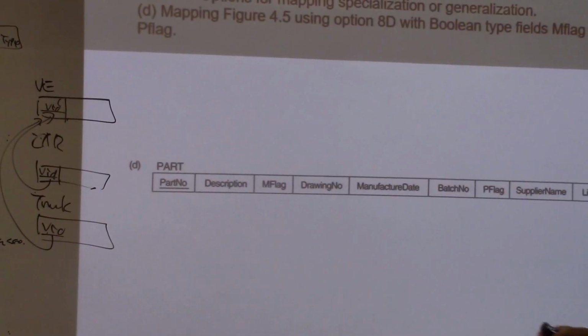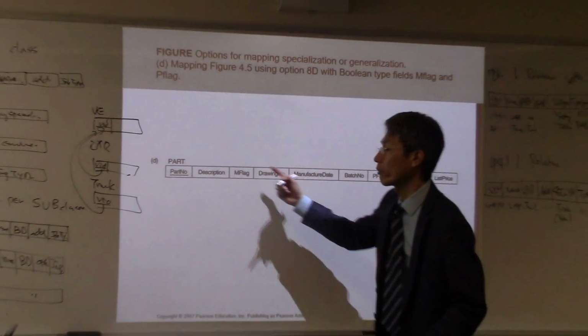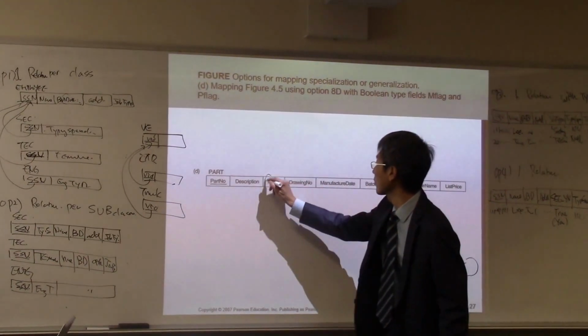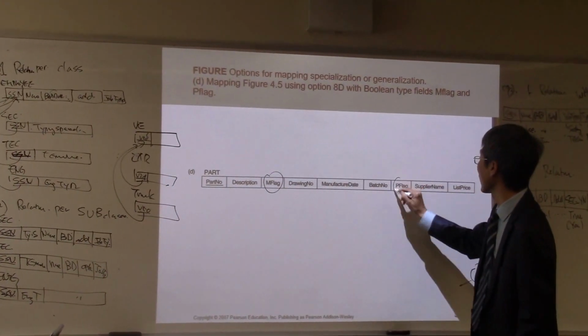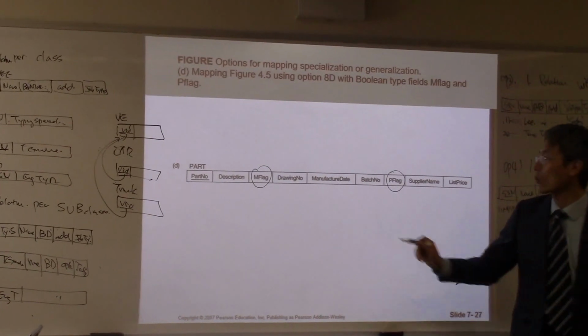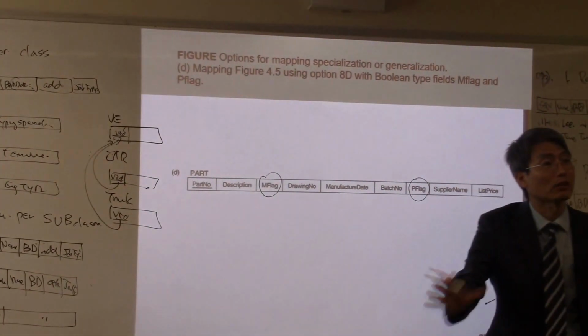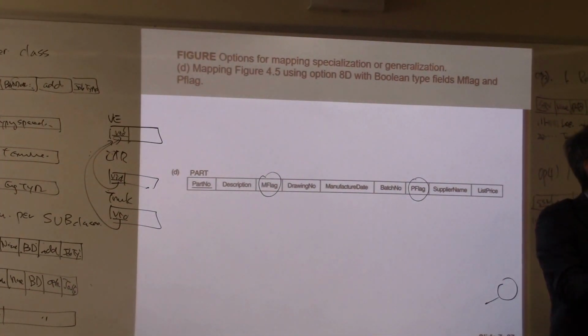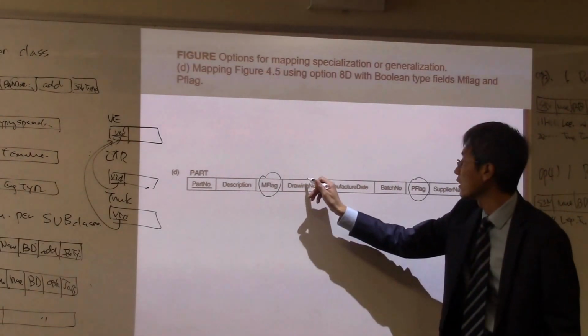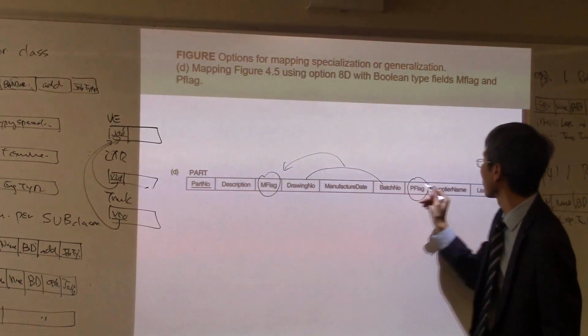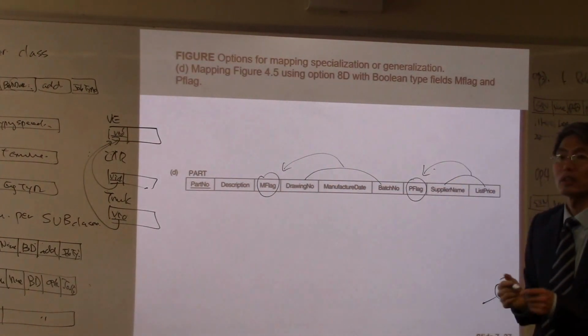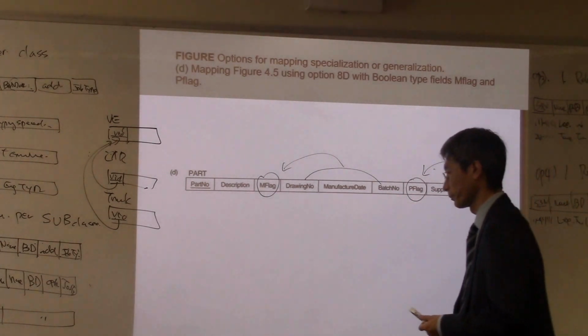If we create the relation with the last option, we have the M flag and P flag, yes or no. It doesn't matter what the name is, but the type is yes or no, or true or false. Then this is related to this, related to this one.